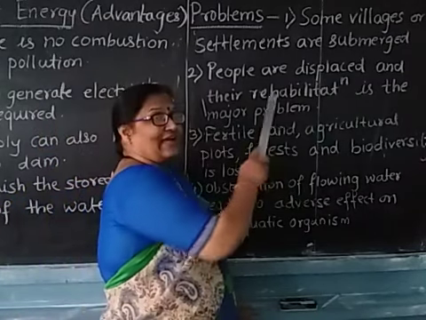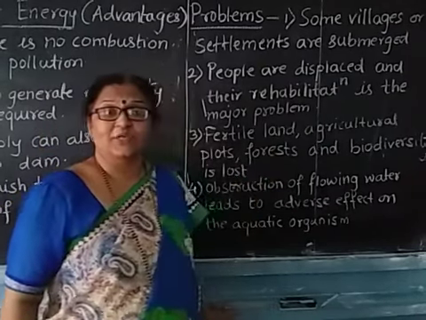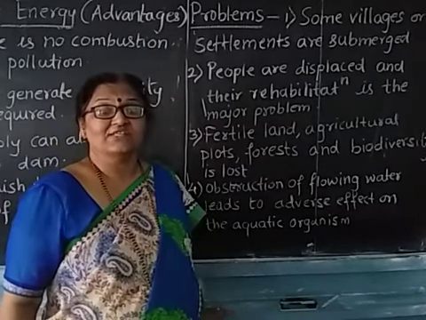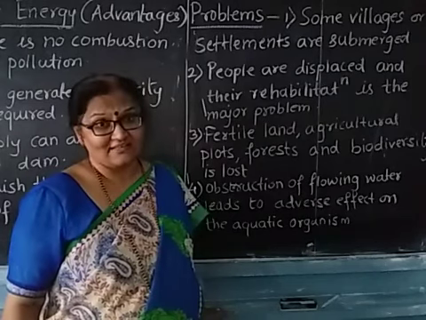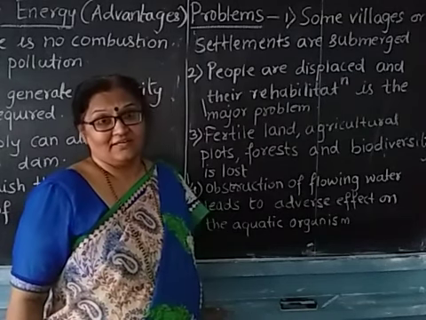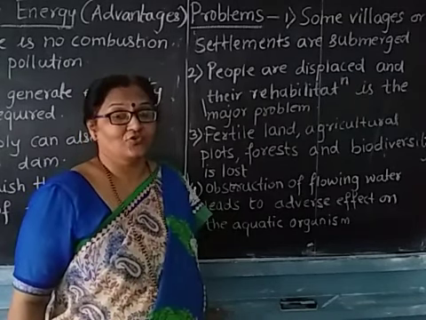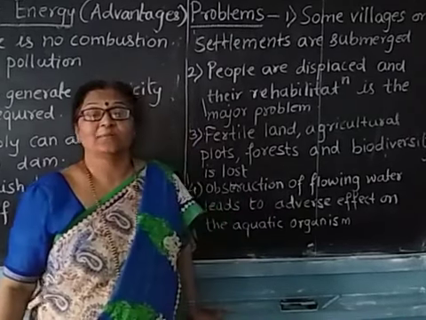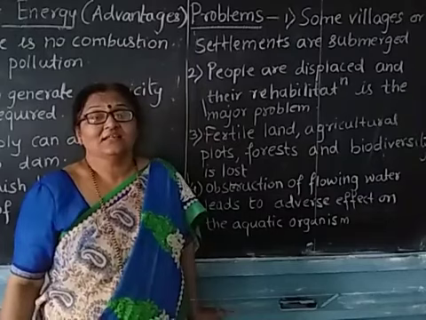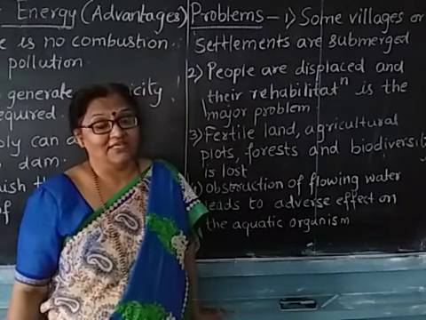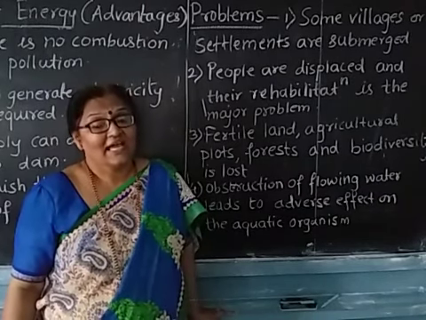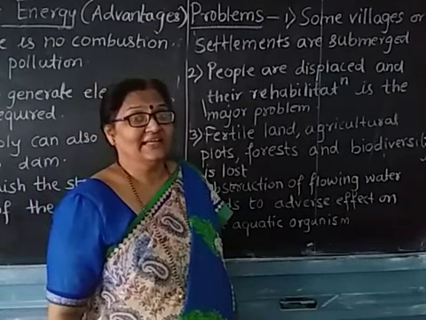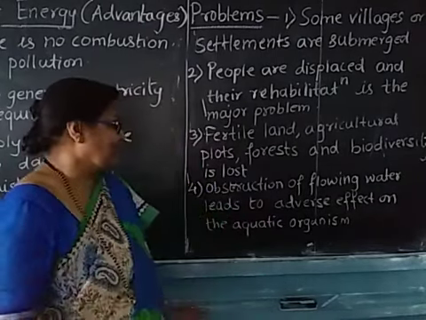Here agricultural land is lost because the backwater comes from the dam, and whichever agricultural plots are there, they all come under the water, so we cannot grow crops. Then again biodiversity, the plants or the animals living in that area, they have to migrate, or their life is threatened due to this dam.